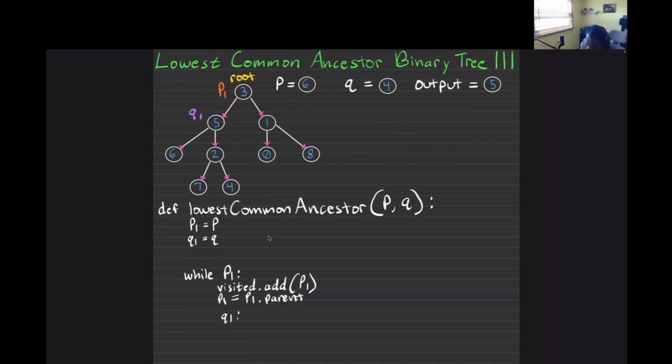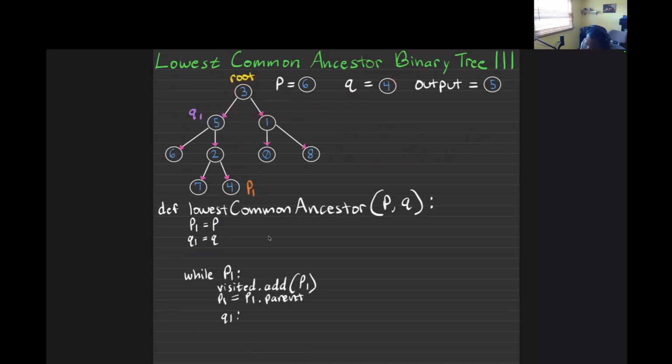So the moment that one of these doesn't have a parent, we're going to set it equal to the original value of the other node, okay? So P1 doesn't have a parent, right? So we set it equal to Q, okay? Which was initially 4. So P1 comes here.